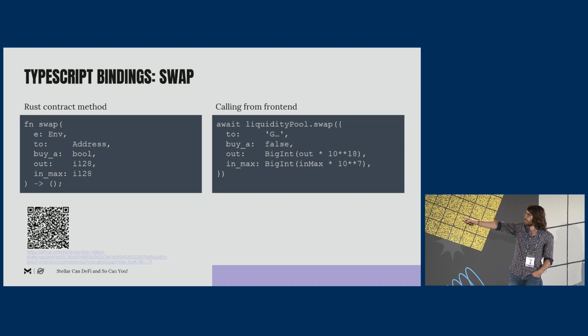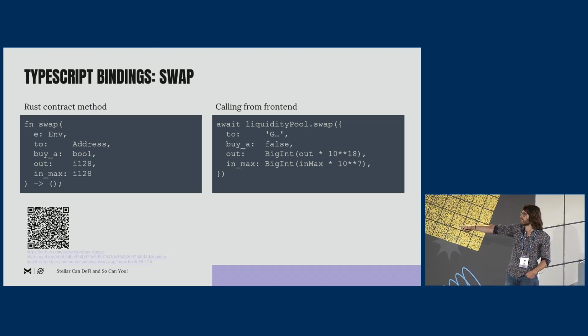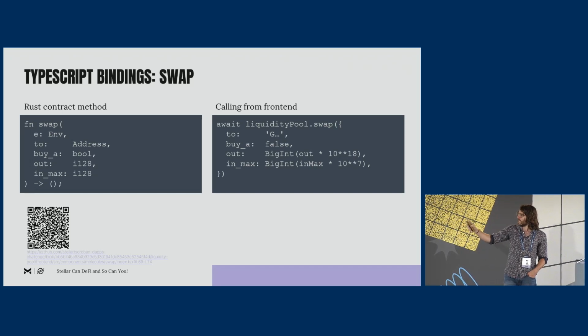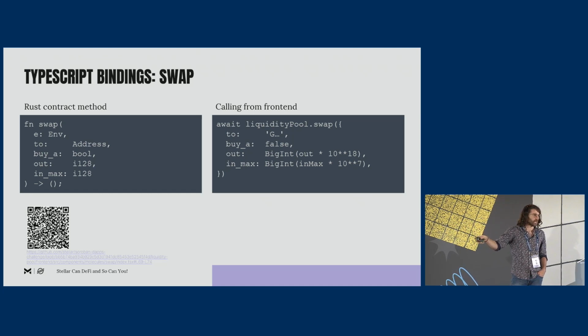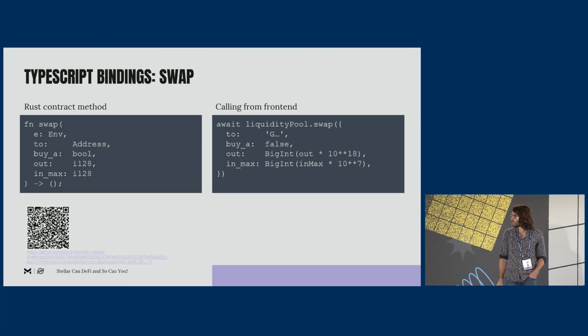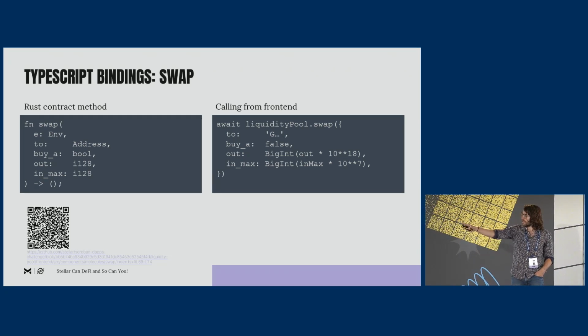The thing I want to show you is the very close parity between what's in the smart contract and what's in the front end. Actually, I didn't mention E, this env variable. That's always the first variable to every Soroban smart contract. If you went to G's talk earlier, you saw that already. And then again, the 2 needs to be the person who signs the transaction.